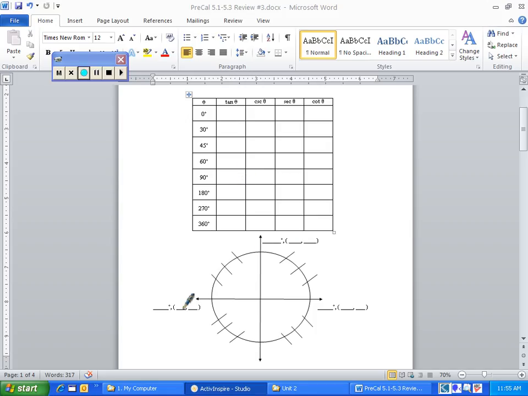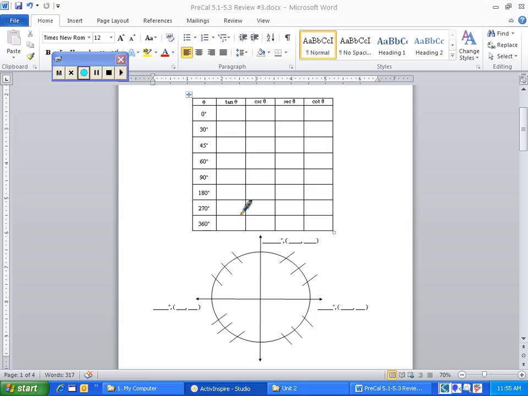If I go around the circle, the tangent at 270 would be 0 over 1. Remember, y over x. So 0 over 1 is, oops, not 270, 180. So the tangent at 180 will be 0. And then the tangent at 270 would be negative 1 over 0, which is undefined.